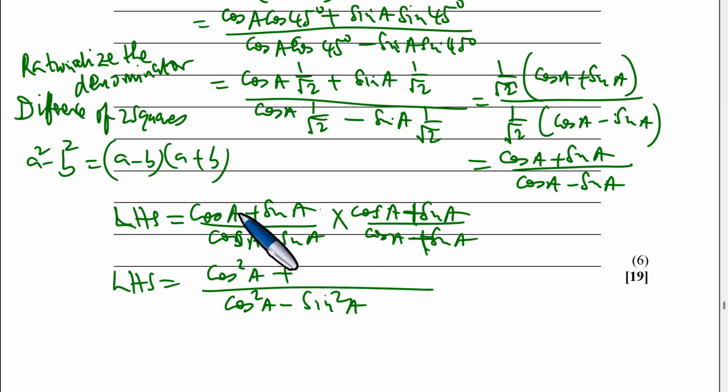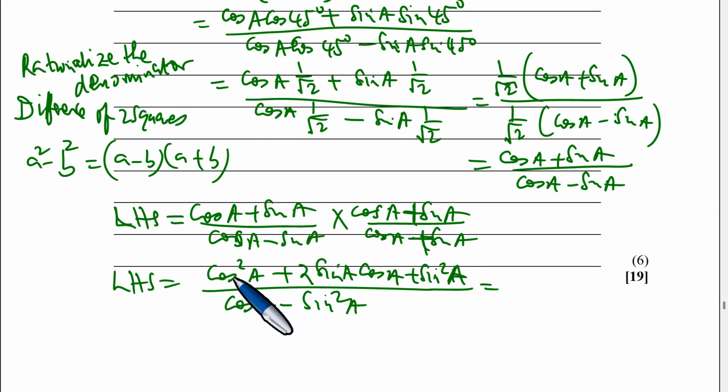But now next you multiply this by that. This is exactly the same. It's cosine a plus sine a twice. So it is cosine squared a. Then you multiply this with that, which is sine a cosine a plus sine a cosine a, which is 2 sine a cosine a. Then sine a times sine a is sine squared a.